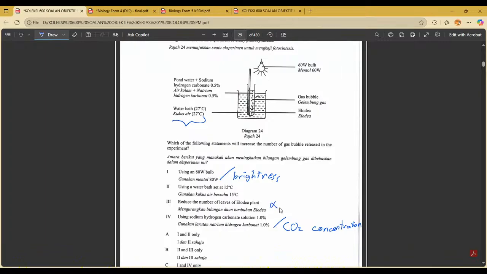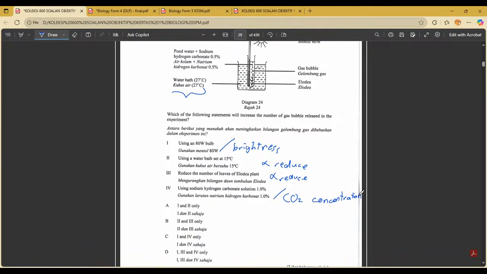This would reduce, and this would also reduce the number of gas bubbles released in photosynthesis.